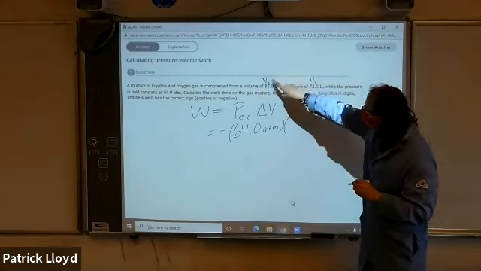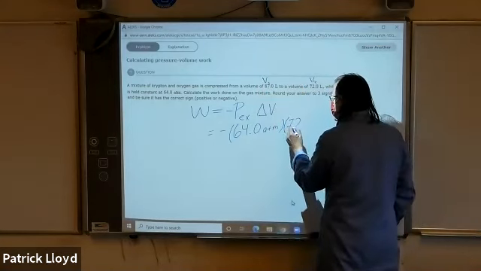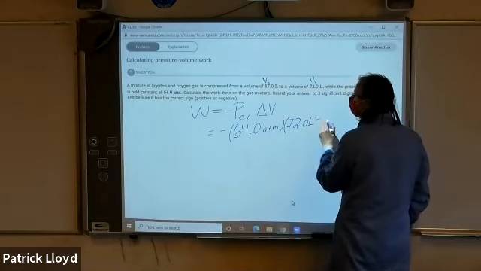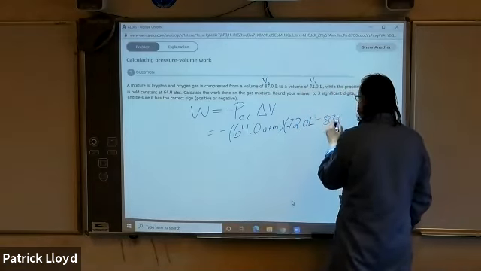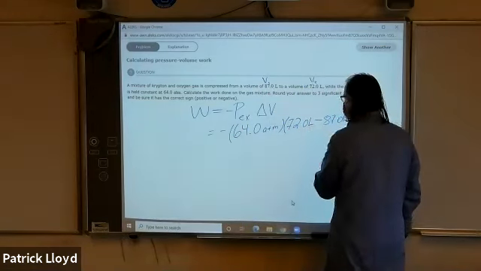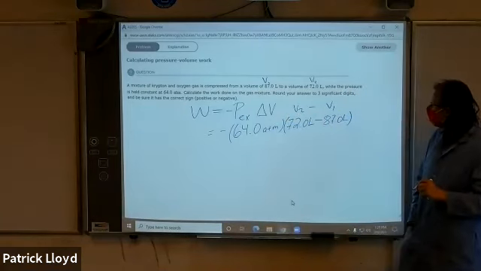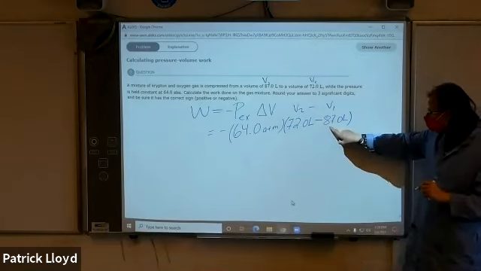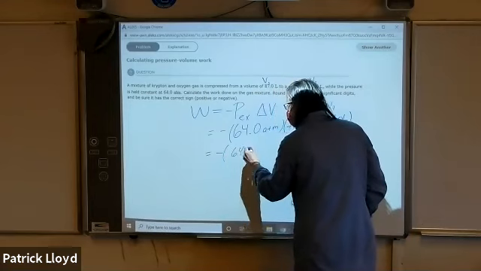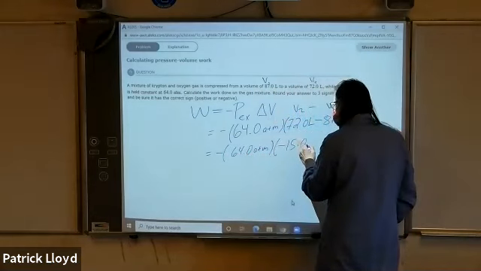So V2 minus V1, that's 72 minus 87. That's minus 15, right? So really what you have is minus 64 atmospheres times minus 15.0 liters.